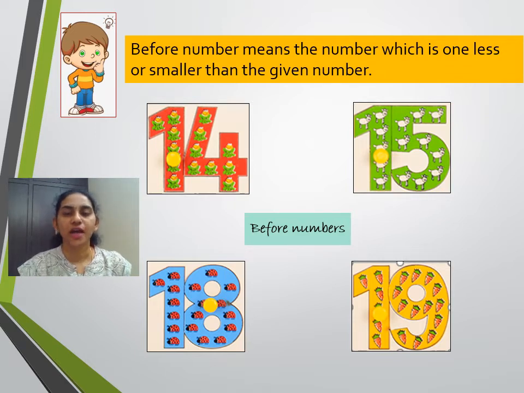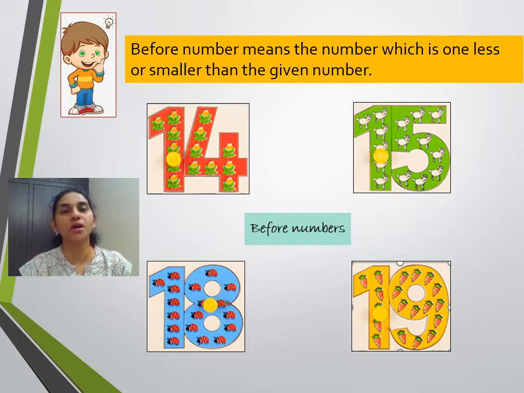Children, here have you identified one thing? These are two-digit numbers. Means it has two numbers in each number. 1, 4, 14. 1 is one number, 4 is another number.